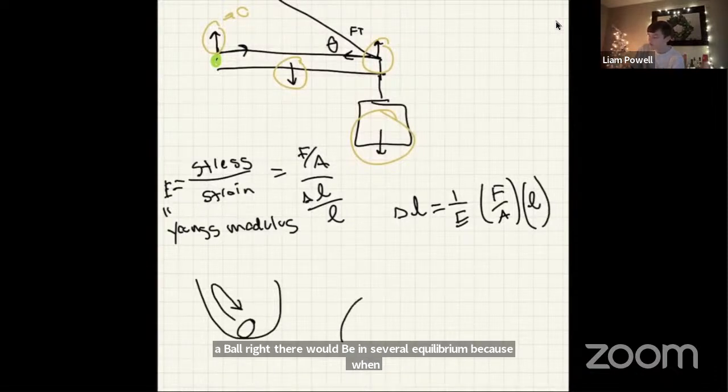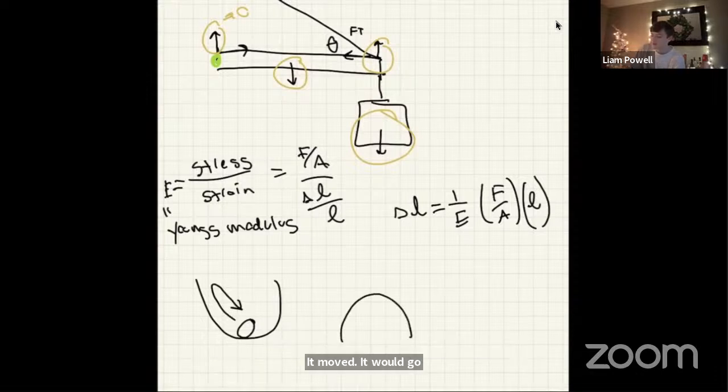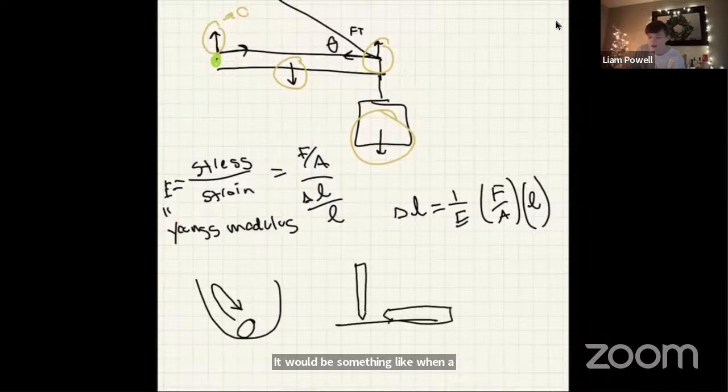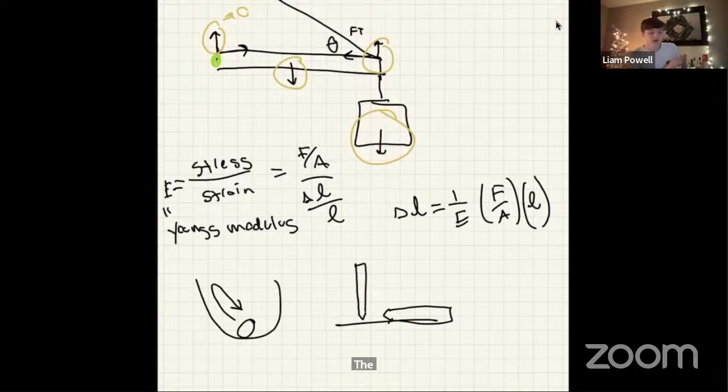In unstable equilibrium, it would be something like a pencil standing up and then falling down, because it moves away from the axis and does not stay in its original position. If the object remains in a new position, it is in neutral equilibrium, but you don't really see that often.